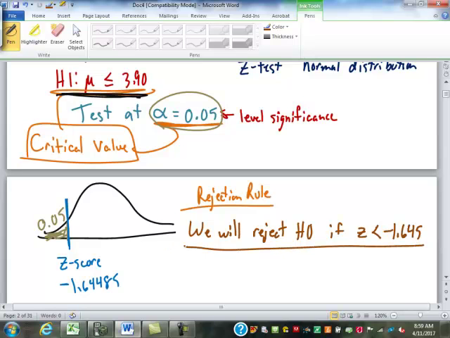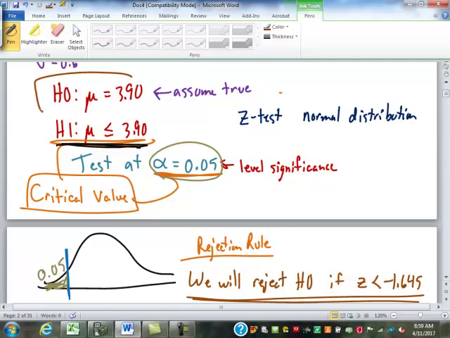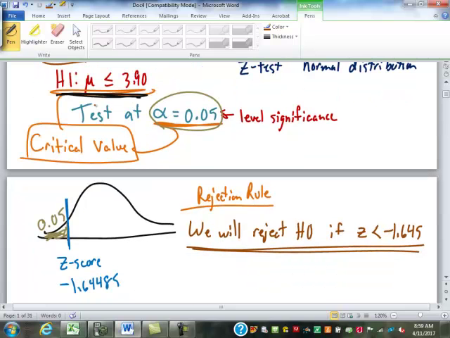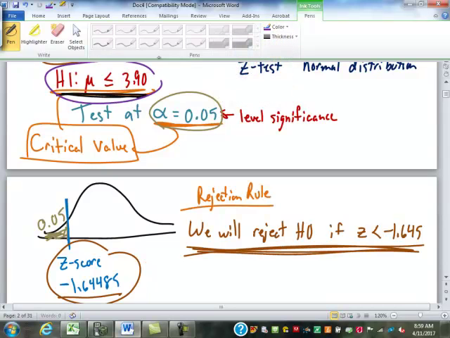Based on H0, it would be extremely unlikely to get a test statistic less than negative 1.64485 or negative 1.645. So if we do get a test statistic below negative 1.645, then we must conclude that the initial assumption was not correct. And if it's not correct, the only alternative is the alternative hypothesis.